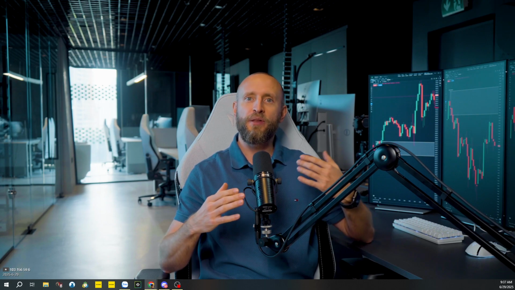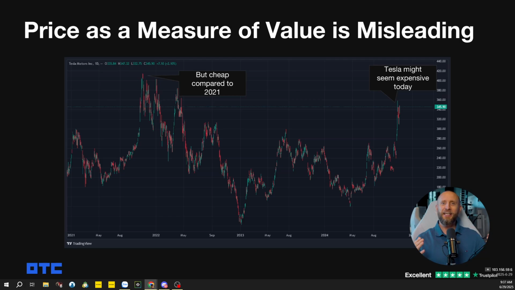To drive this point home, let's look at a real-world example to showcase how perception of what is cheap and expensive can shift over time. Let's take a closer look at this chart to visually demonstrate why price is relative and why terms like expensive or cheap are merely snapshots in time. This is a chart of Tesla's stock price. At first glance, today's price of around $345 might seem expensive, especially if you've only followed Tesla's price over the past few months.